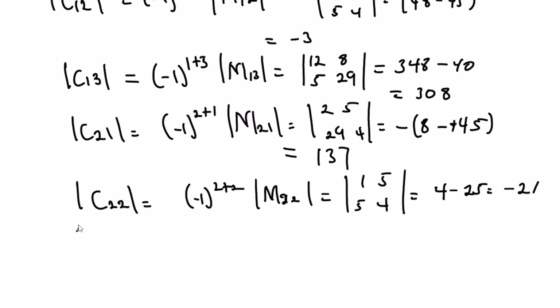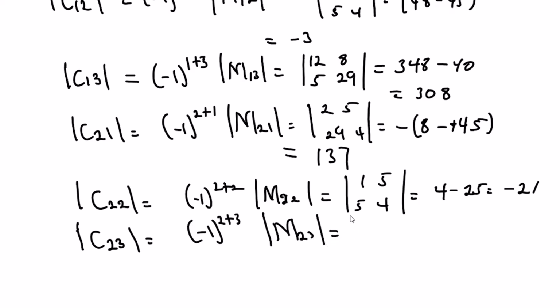Then the next one will be still in row 2, column 3. So we have negative 1 exponent 2 plus 3 times the minor, which is 2, 3. Remember, these ones are obtained by cancelling the rows and the columns.